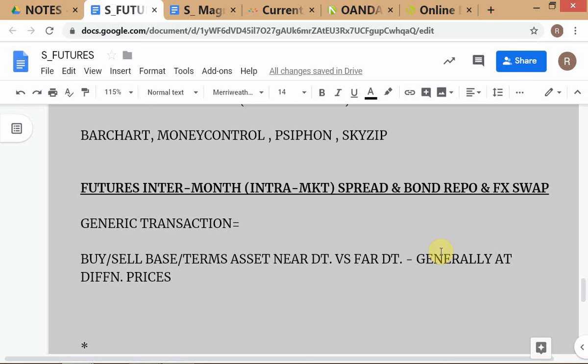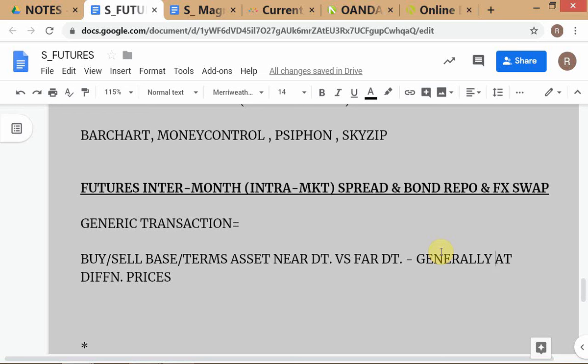Always see a repo as a secured borrowing transaction. Now because of market dislocations, as you know, in Europe we have negative interest rates, in Japan we have negative interest rates, the Scandinavians also had negative interest rates. But in general you do not expect negative interest rates. But if you are able to do a bond repo where the near date price on the bond and the far date price on the bond are the same, that means you're borrowing at zero interest.